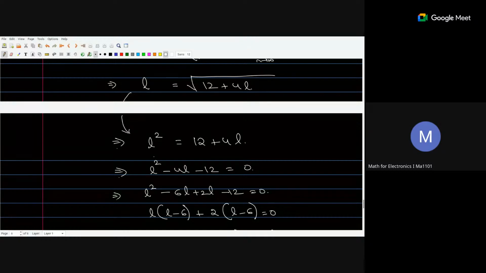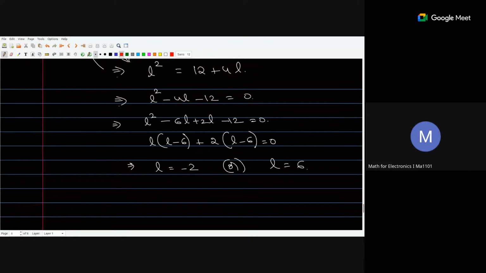If I do this backwards, if I just take the square root on both sides, what I will get is mod L. You have to take mod, because square root is always positive. Even here you can check, if L is minus 2, the left hand side is minus 2, but the right hand side will be some positive value. Square root of something is always positive, so it will not satisfy. As we did this square, that is why we got this extra value. But this is not correct.